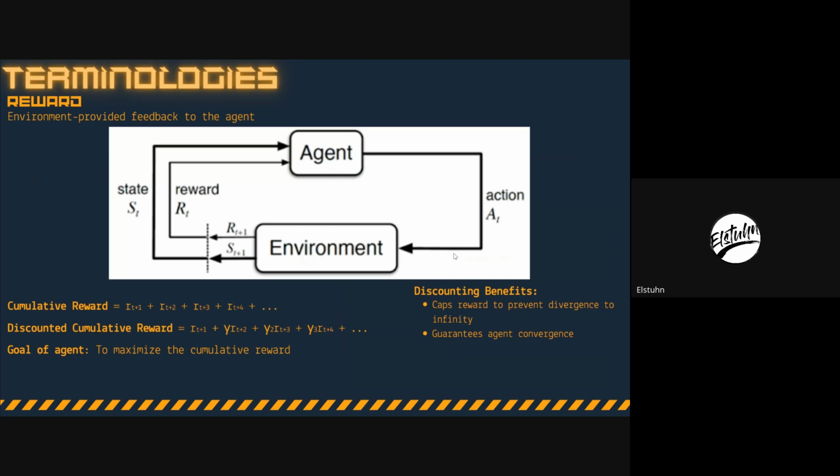There's a cumulative reward, which means the total reward that the agent has been given in one episode. And then there's a discounted cumulative reward, where we put a variable gamma on every reward after t+1, gamma times R_{t+1}.